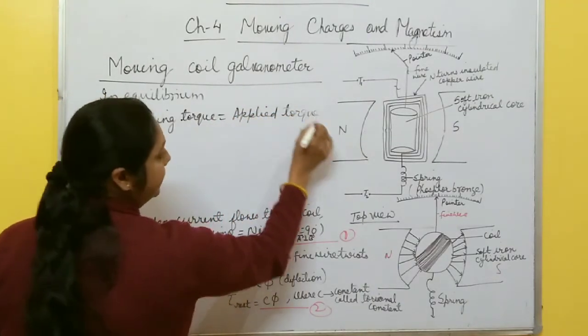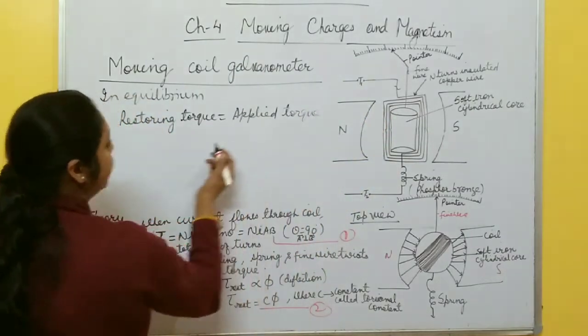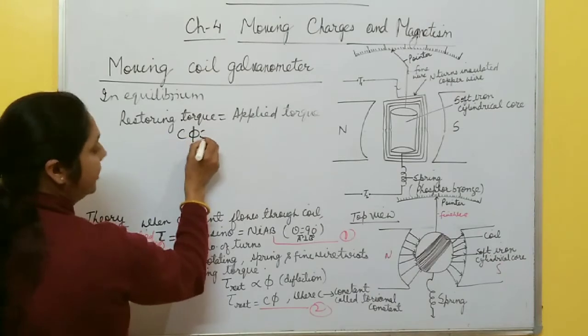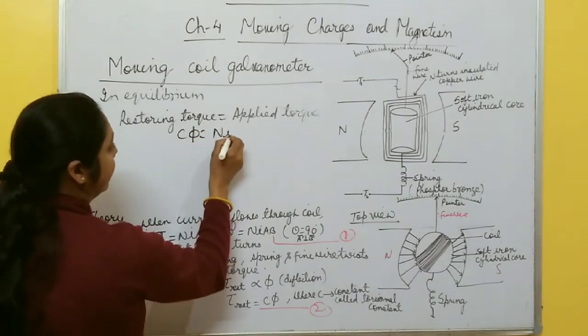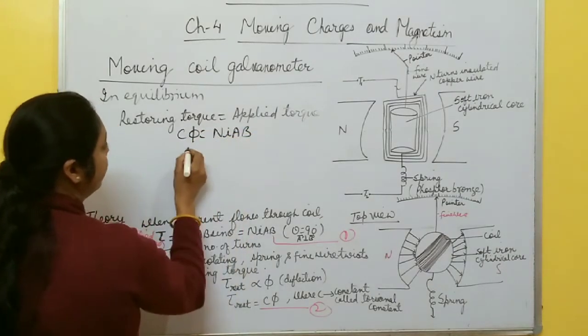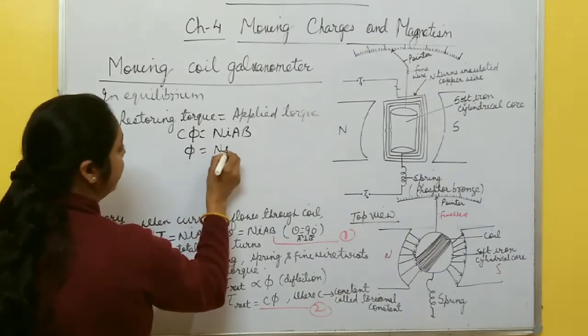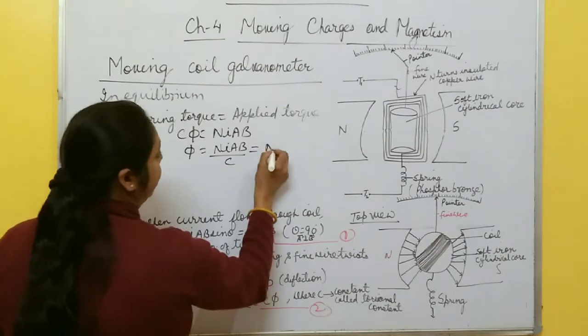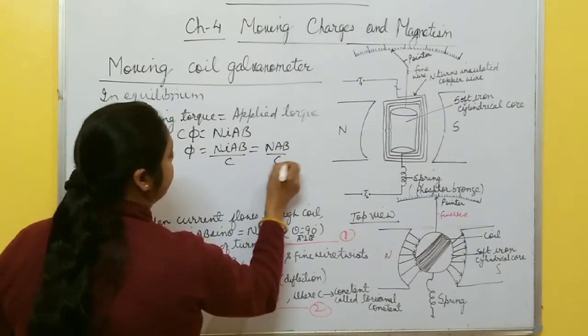Applied torque means when current passes through this coil, it develops some torque. So the restoring torque is C phi, equal to the applied torque, which is NIAB. From here phi equals NIAB by C, or you can write NAB by C times I.